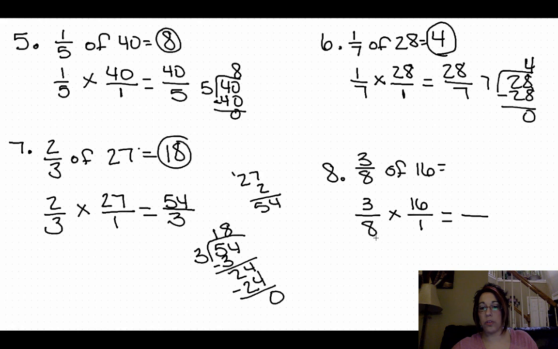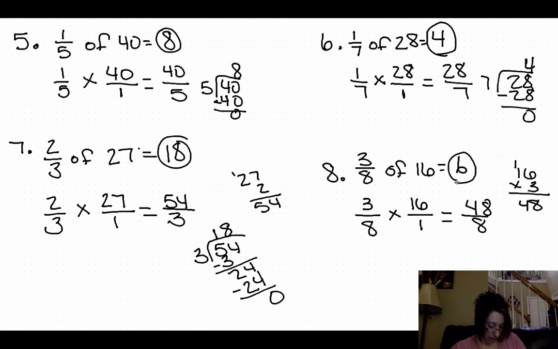Look at your multiplication across. 8 times 1 is 8. 16 times 3. I've got to do some work here. 6 times 3 is 18. 3 times 1 is 3 plus 1 is 4. So 48. And I know that 8 will go into 48 6 times. So that is my answer.